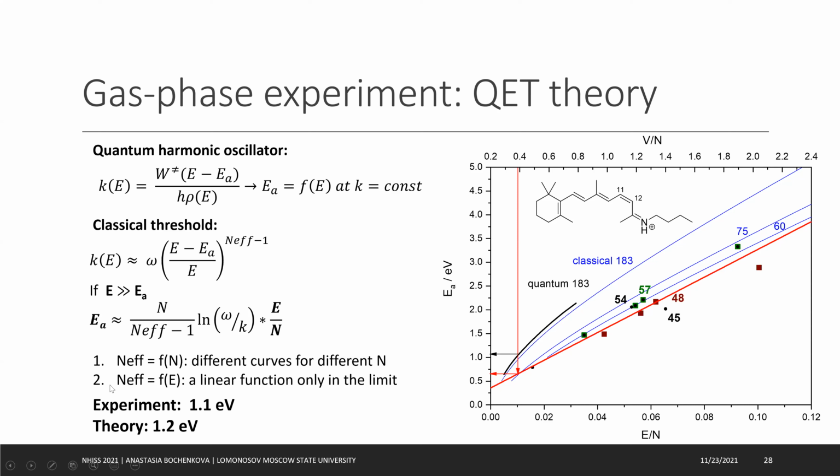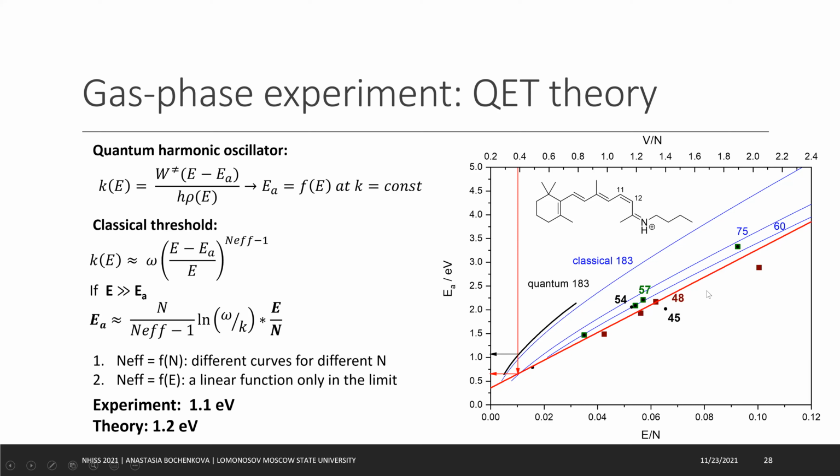Moreover, this effective number of vibrational degrees of freedom is also a function of the total energy. So we might expect to have only a linear function in a limit where this prefactor is close to unity.